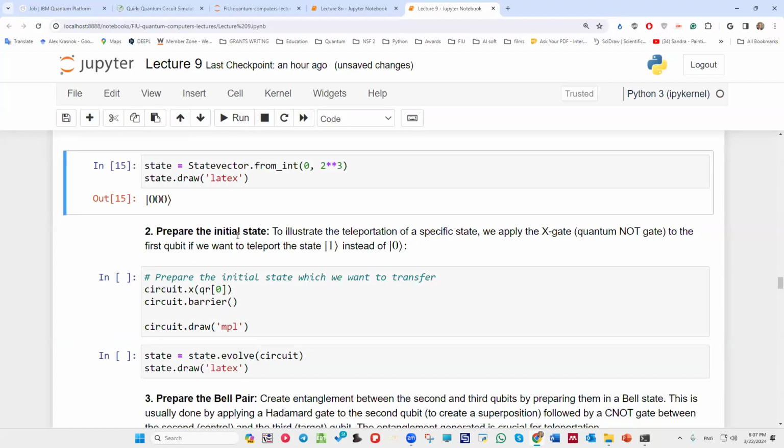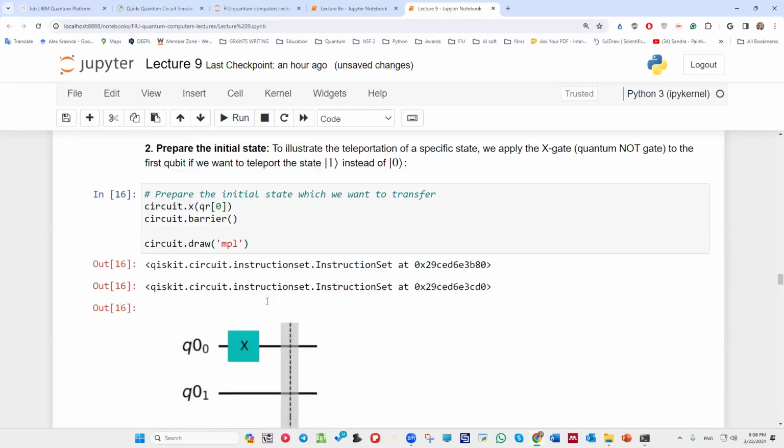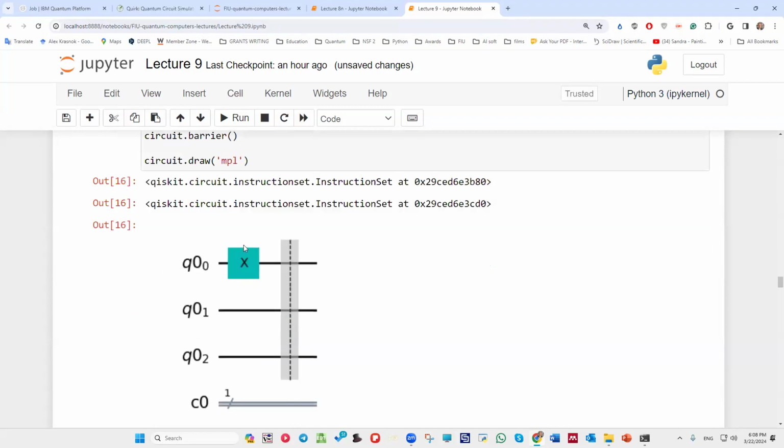So the step number 2, prepare the initial state, meaning the state we need to teleport. So as an example, in this simple circuit, I want to teleport the state 1. So teleportation of state 0 is trivial, right? I want to teleport the state 1.